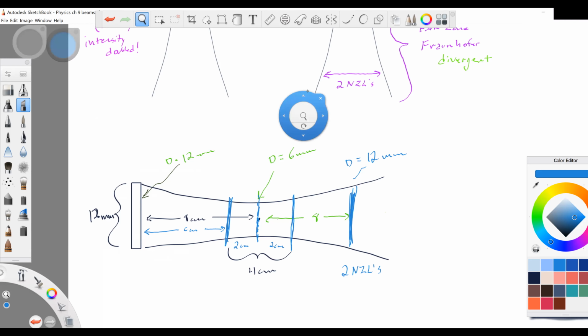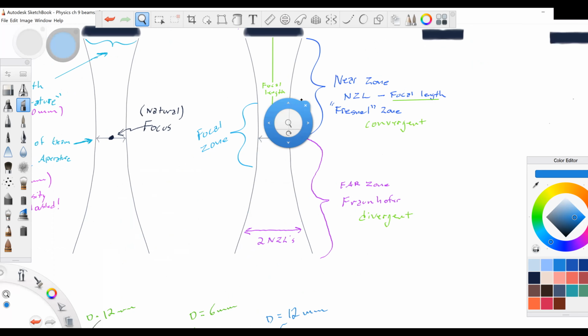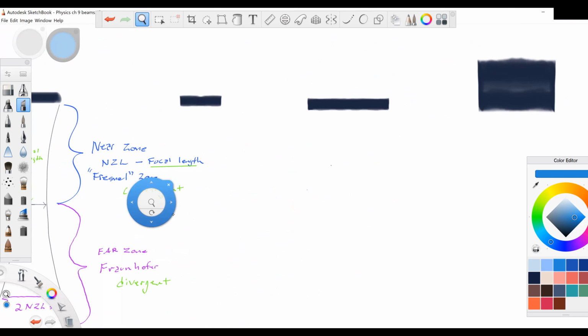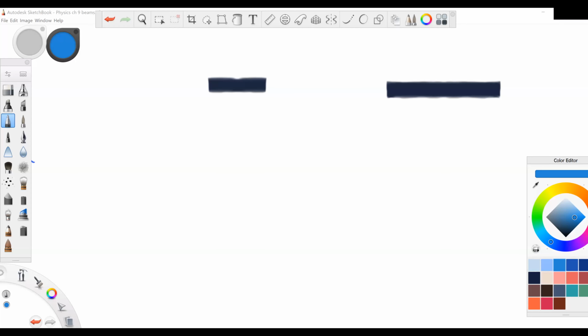Okay, so let me pause here because I want to make this a little better. I moved my little transducers over, gave myself a little more room on the overall sheet as well.